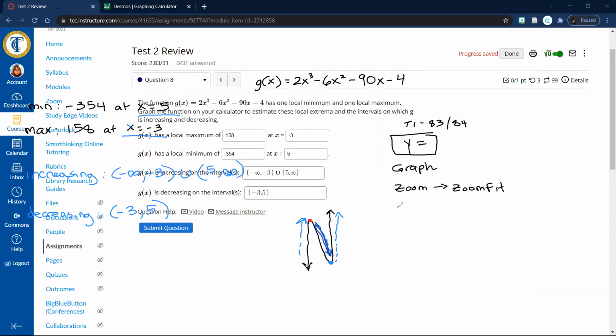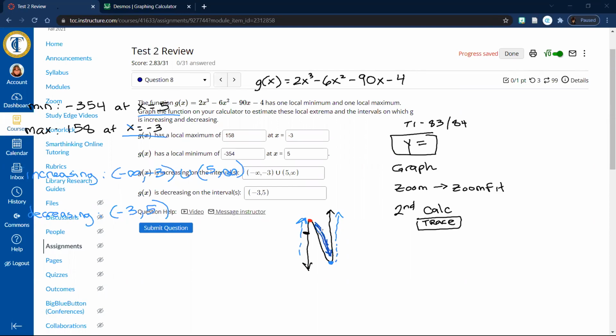And then to find the maximum or minimum, you'd hit second and then calc, which is actually the trace button. And then you would choose a left bound and a right bound of each one. So your left bound would have to be on the left side of it, and your right on the right side.